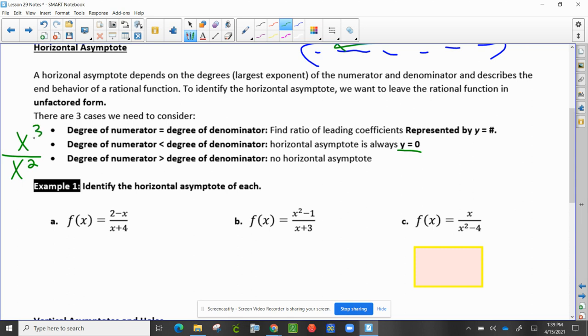Another example, x cubed over x squared. If the numerator has a bigger exponent, then you have no horizontal asymptote. So those are your three scenarios. Either your degrees are the same, then we look at their coefficients. If the bottom is bigger, it's 0. If the top is bigger, you have no asymptote.